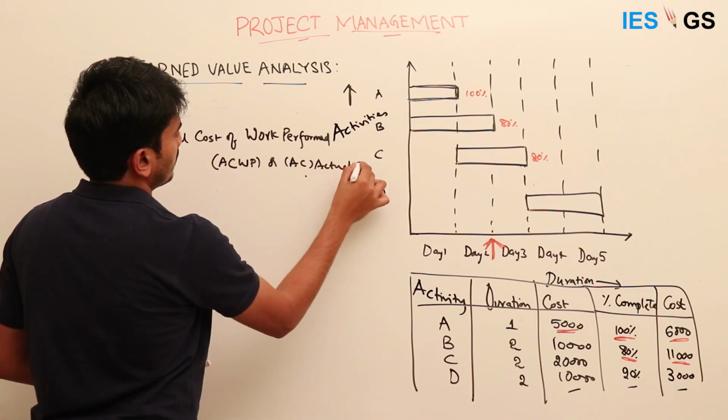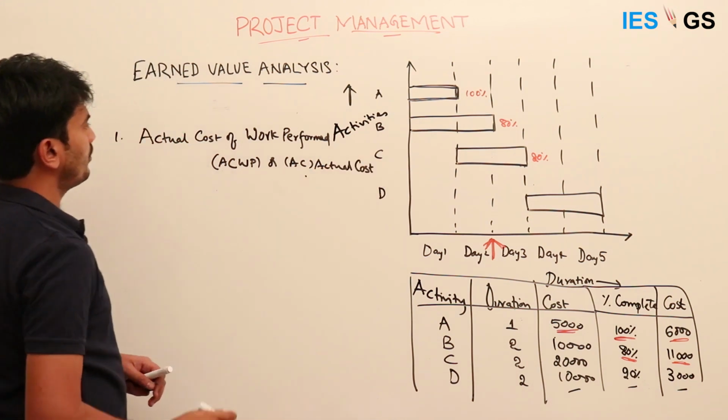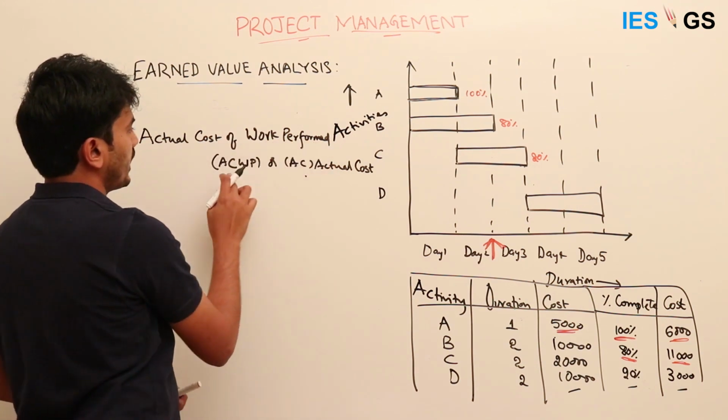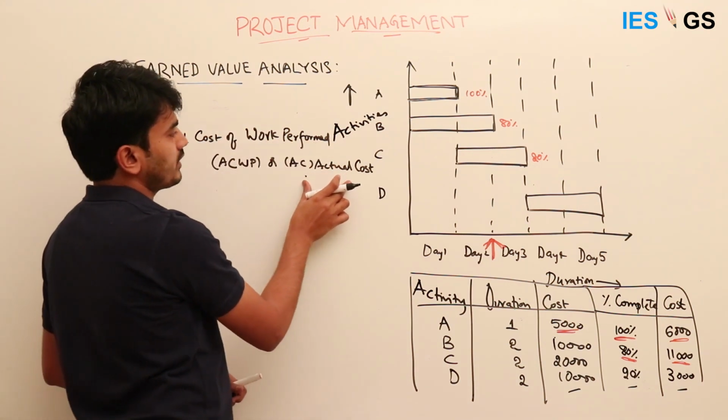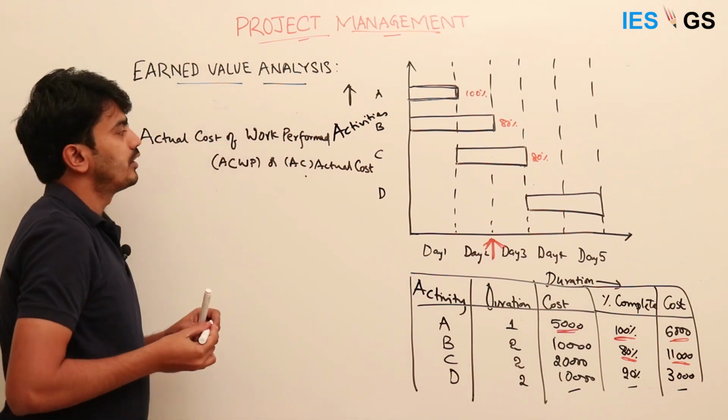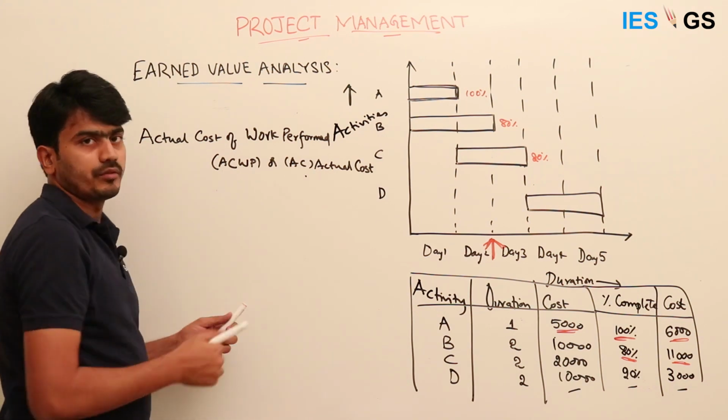Some books refer to this terminology as actual cost of work performed, ACWP, and some books simply say actual cost. Both are valid, so we should know both of these.